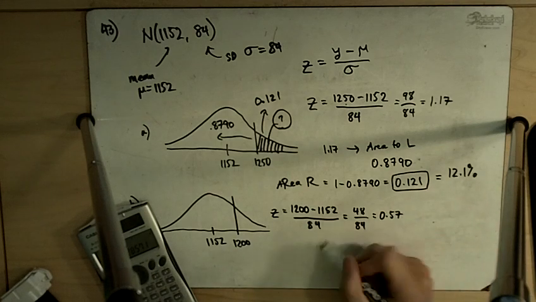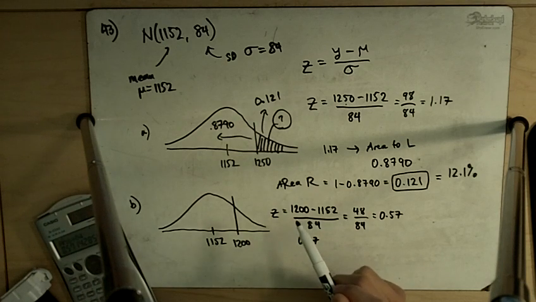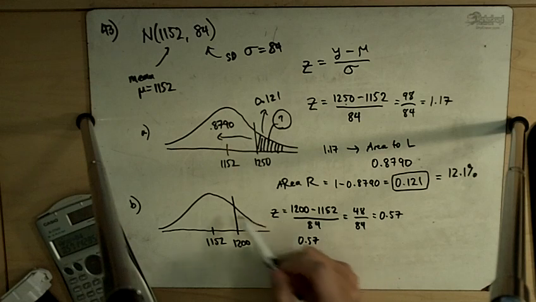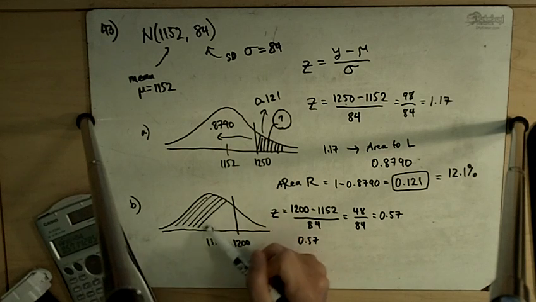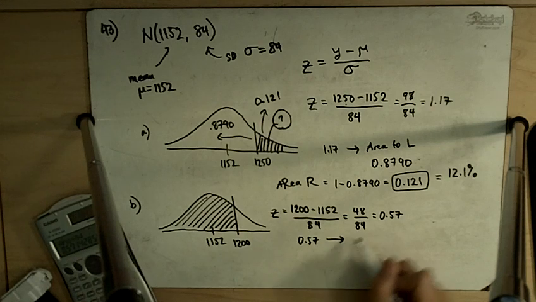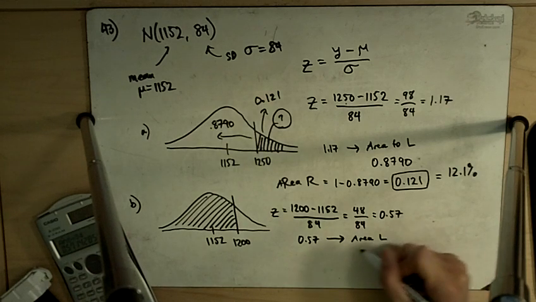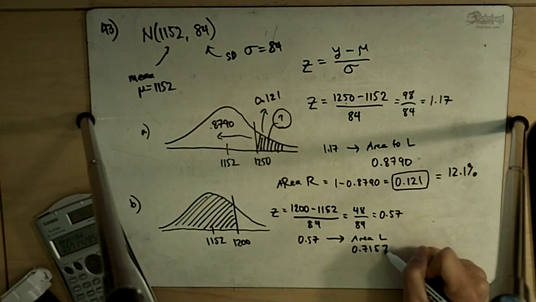Our z-score is 0.57. We're interested in the percentage of steers under 1,200 pounds, so that's this side of the line. We look up in our z table the area to the left of 0.57, the intersection between 0.5 and 0.07, and we get 0.7157.